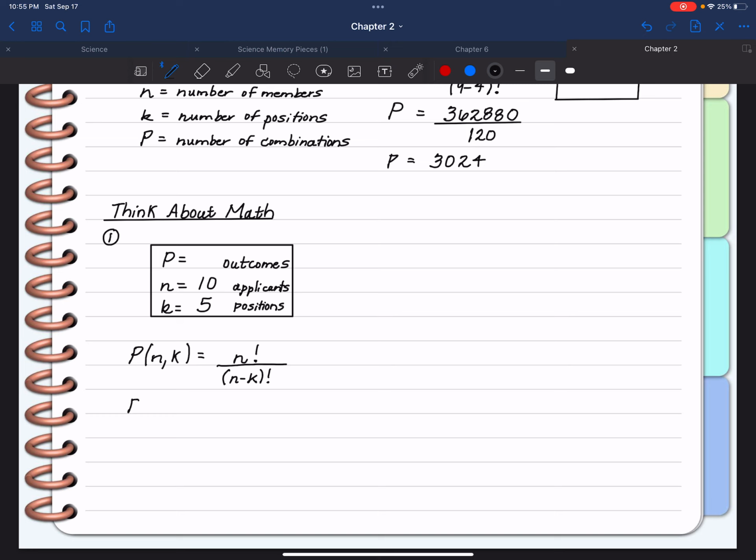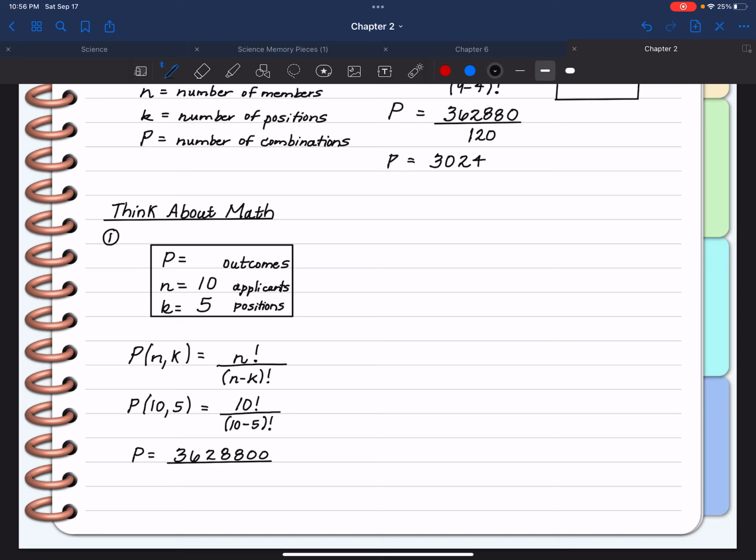So we're going to say, okay, n is 10 and k is 5. So n is 10 factorial and k is 5. So we have permutations equal 10 shift 3. It's big. But if you notice, we keep getting that over and over. 10 factorial will always be that number.